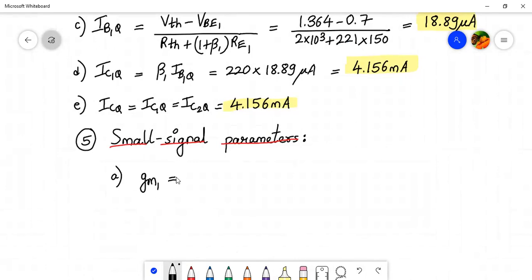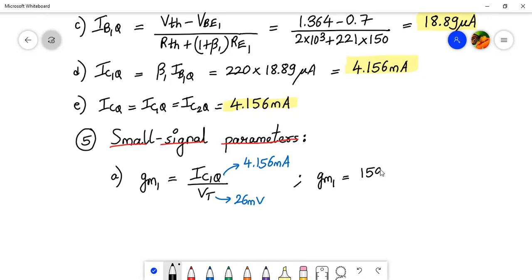So we can find gm1, which is given by IC1Q divided by VT, right? VT value is 26 millivolt, IC1Q value is 4.156 milliamperes. So accordingly, the value of gm1, if you work it out in a calculator, will be 159.85 milliampere per volt.